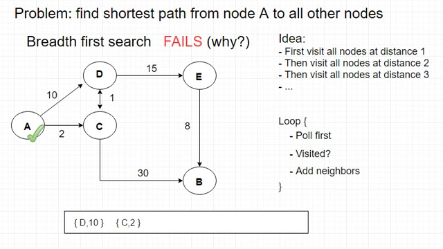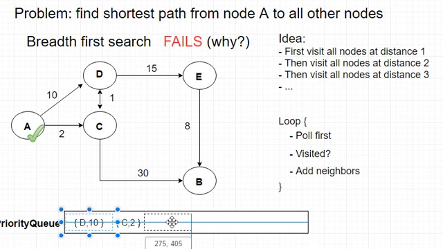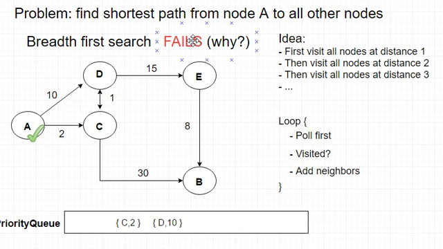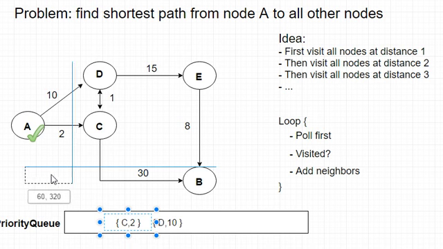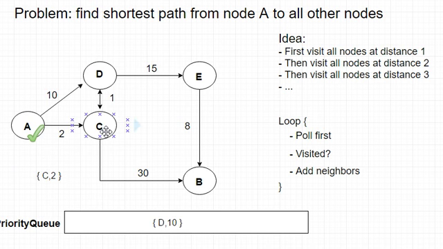Now we can use a priority queue where objects are sorted based on their distance property. Let's see how that would work out. So the priority queue sorts them based on their distance. So we would pull the first item from the queue, and this time it would be the C2 rather than the D10.